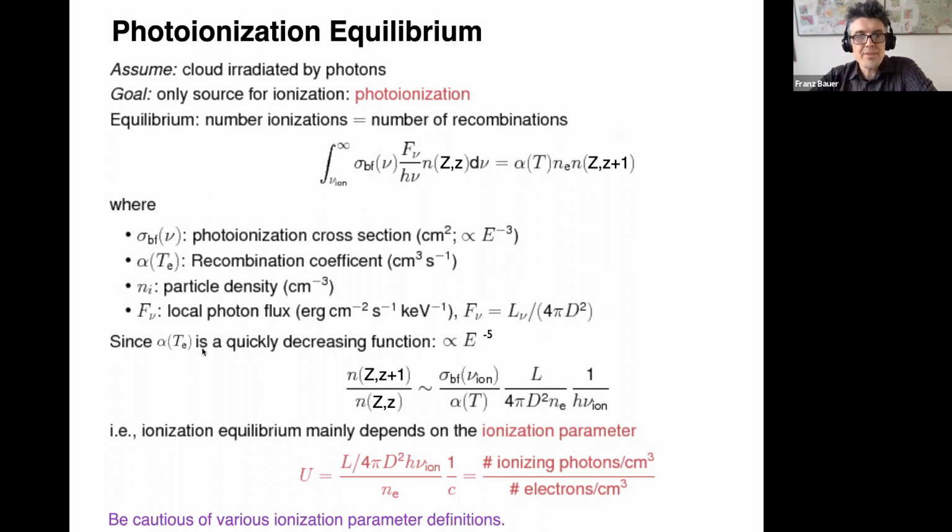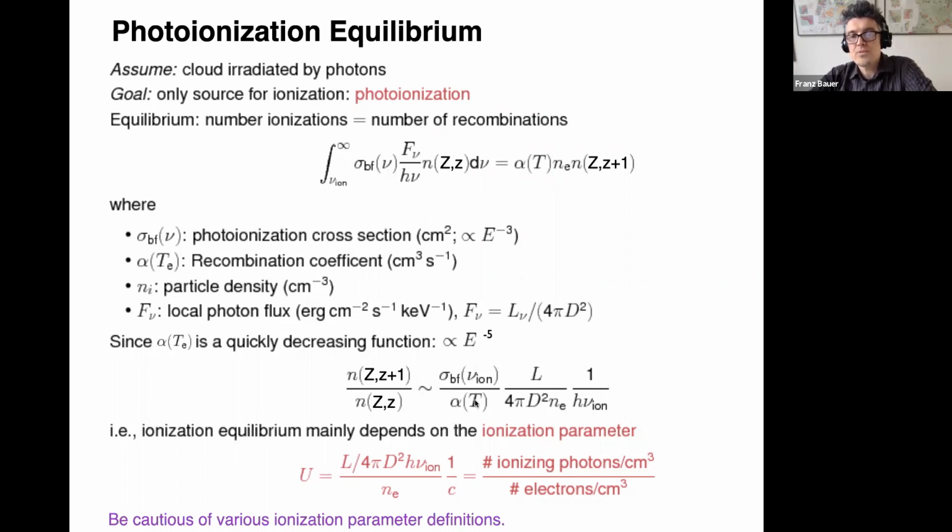So this thing will end up being a very fast function of the energy. So typically the recombination rate will go as E to the -5 or so. And so this rate here will be proportional to this thing, which goes as E to the -3, and this thing, which goes as E to the -5.